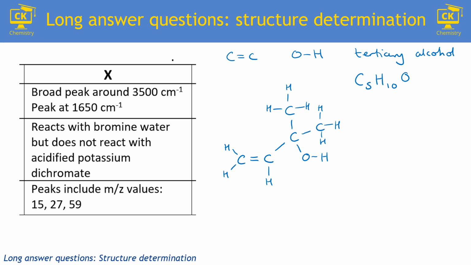Okay, we did say, however, that a tertiary alcohol could also be this option with an OH, and then I've got a certain number of carbons left. So there are various ways that I could put those carbons on my carbon-carbon double bond.